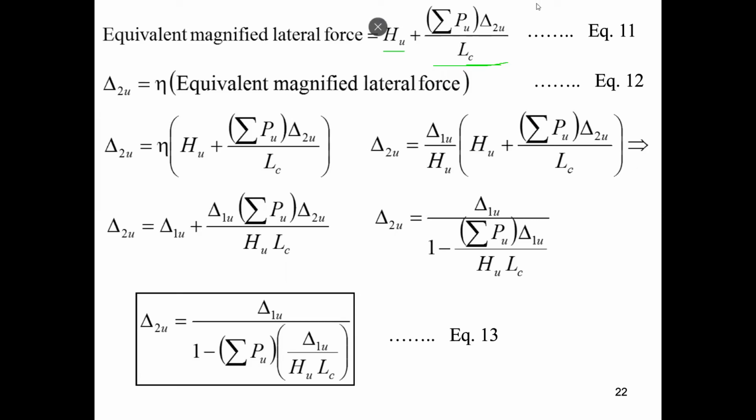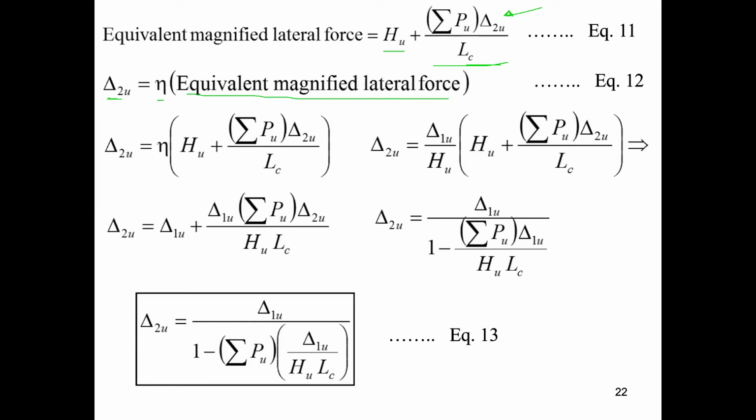Sigma Pu times delta 2u over Lc is the equivalent lateral force of the axial loads. Delta 2u equals eta times the equivalent magnified lateral force. Why? Because lateral displacements are proportional to the lateral forces.